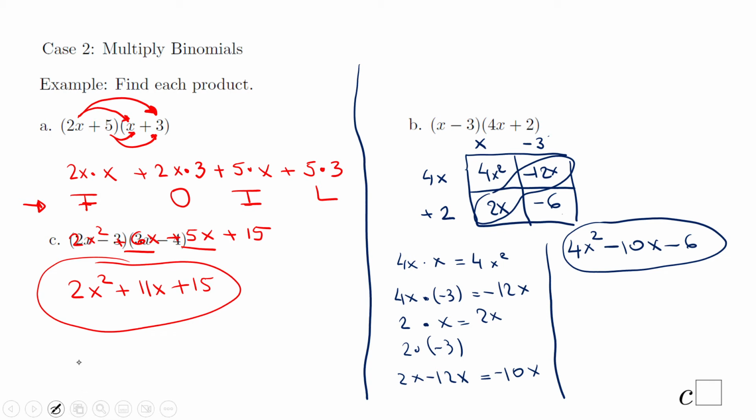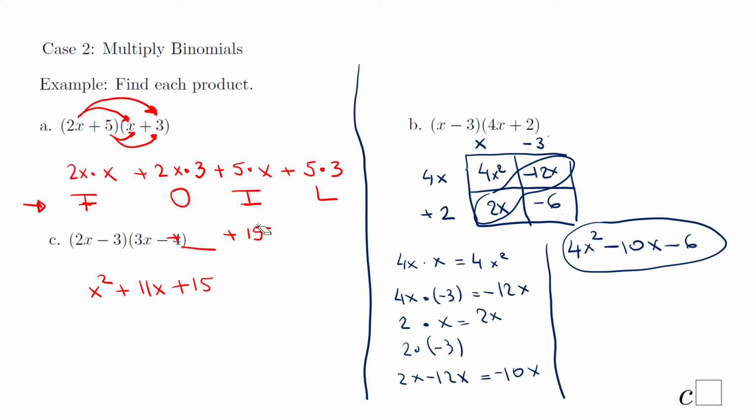We have a third problem here. So let's see this one, where we have the minus, and I'm going to show you one more time FOIL when minus is involved. So we have 2x times 3x first.